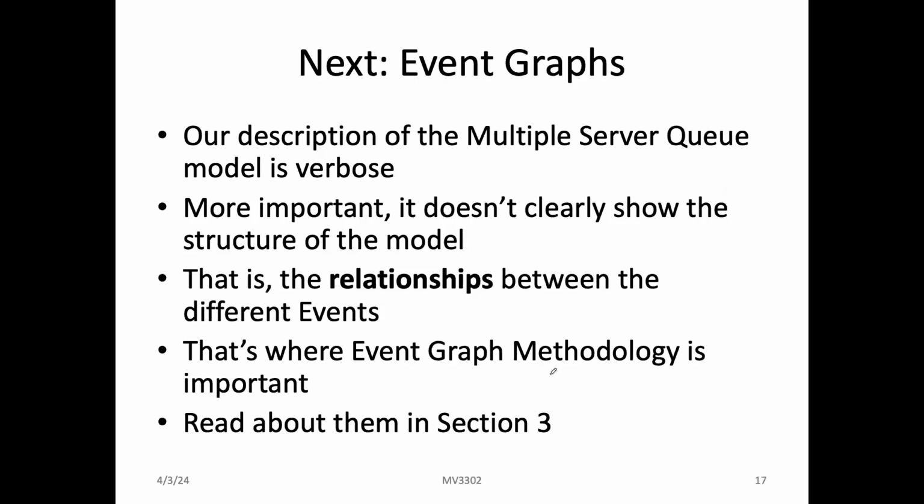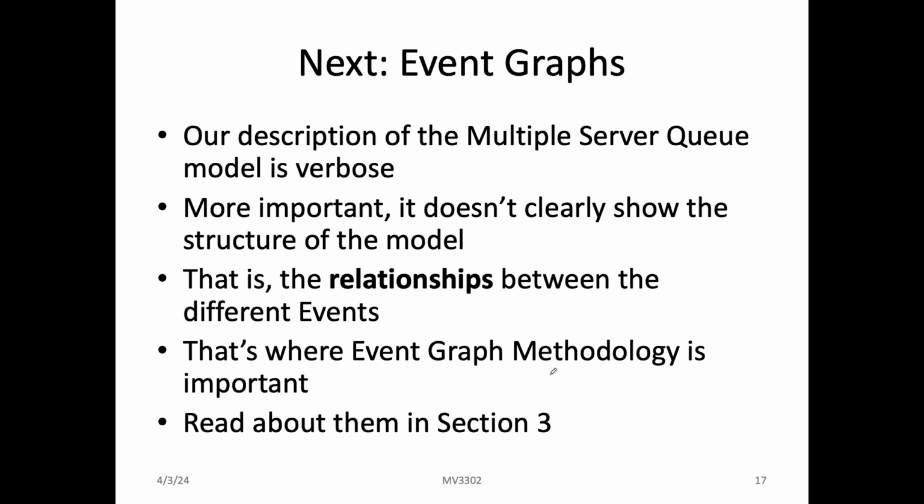Now, what's next are these things called event graphs that I've been maybe alluding to. And why do that? Well, if you remember, the way that we created our model was a lot of words, a lot of verbiage. As the model gets bigger, you lose track of what's going on.